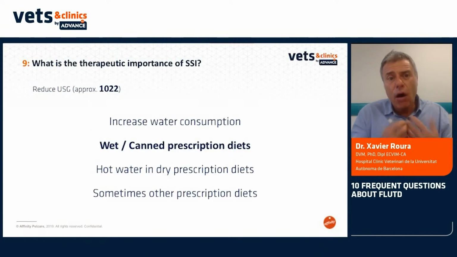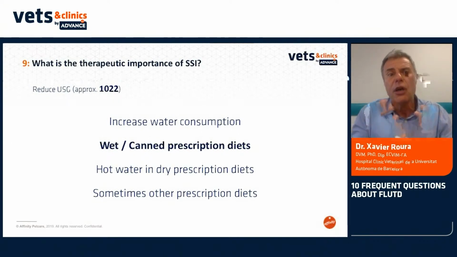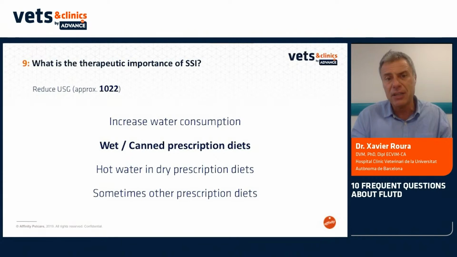So how can you decrease this supersaturation index? The easiest way is to reduce the urinary specific gravity. We need the cat to have a urinary specific gravity between 1020 and 1022. Approximately 1022 is a nice urinary specific gravity to control or prevent urolithiasis in cats.